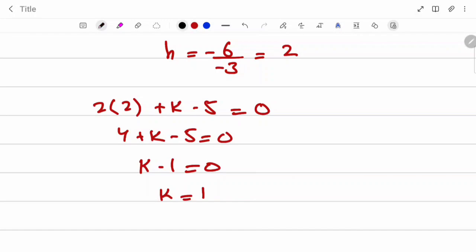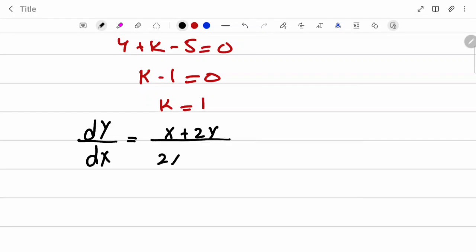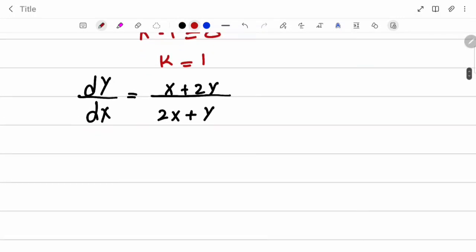Now the above equation is going to be simplified as dY by dX equals X plus 2Y over 2X plus Y. Can you guess what it becomes?